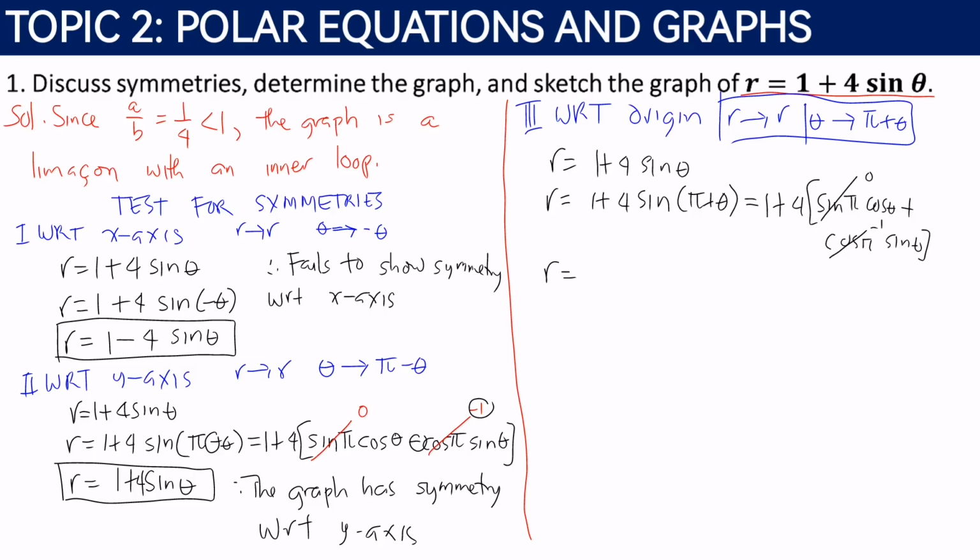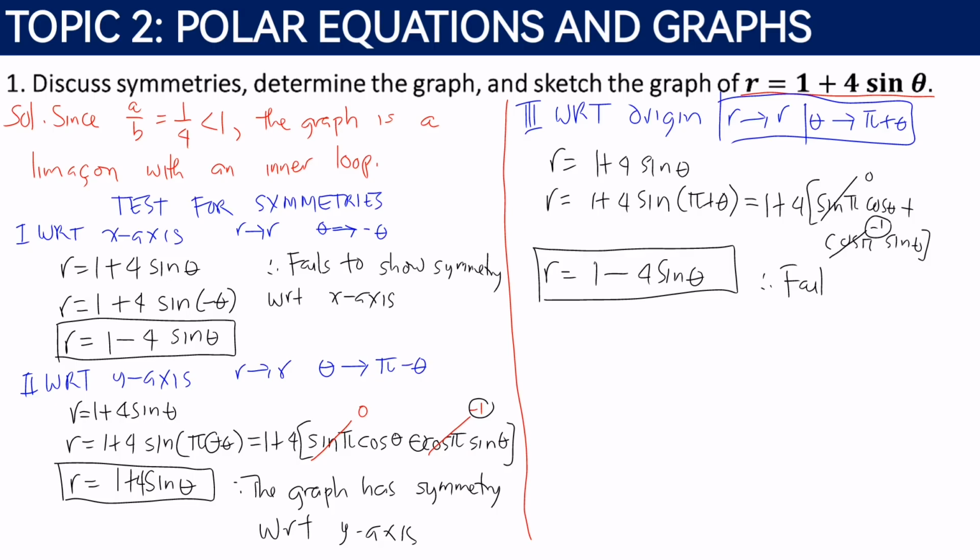So r here is 1 minus, because of negative 1, minus 4 sine theta. This is not equivalent to the original equation. Therefore, the test fails to show symmetry with respect to the origin.